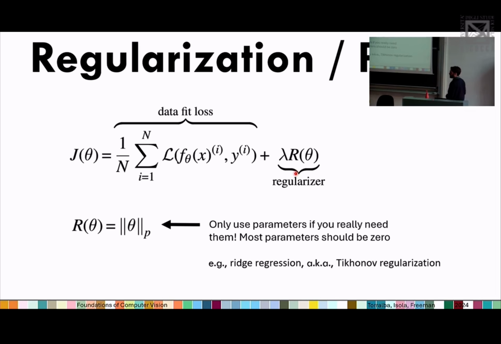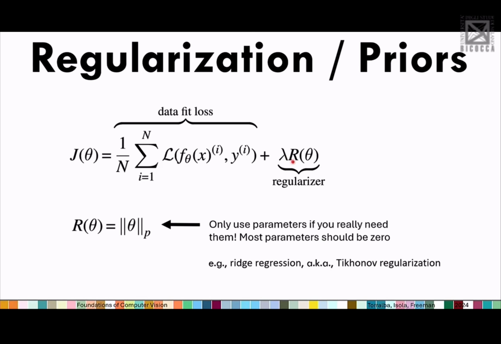One very effective way to do that in theory, though in practice it has a lot of issues, is just to penalize the value of the parameters that you are estimating. The idea is that every parameter that is not useful will be pushed to 0 during the fit. And that's the case of ridge regression and Tikhonov regularization.